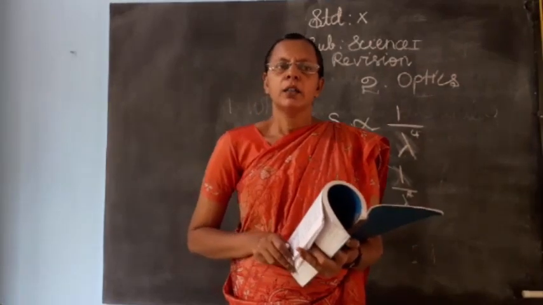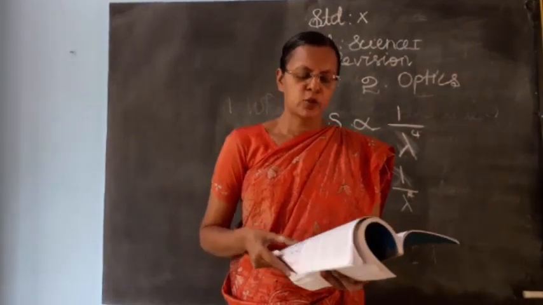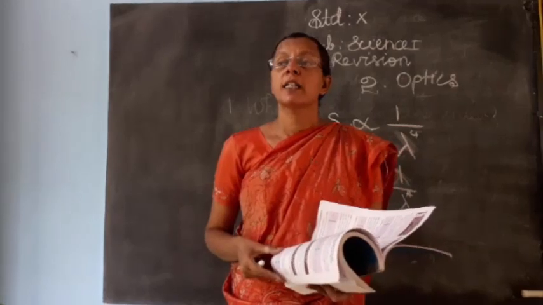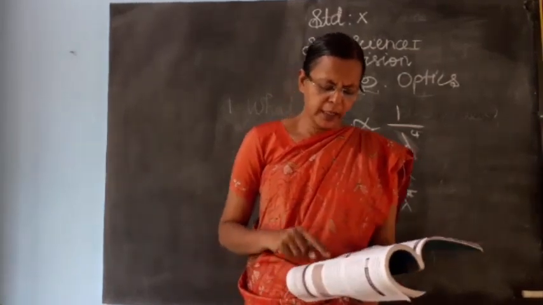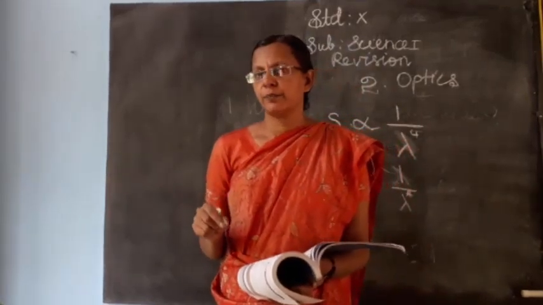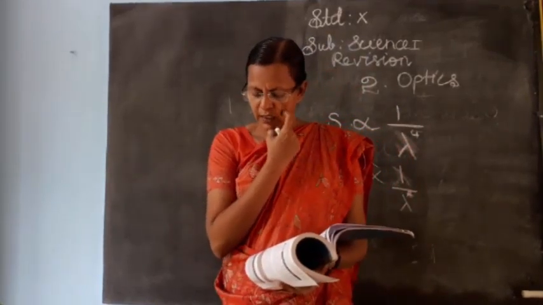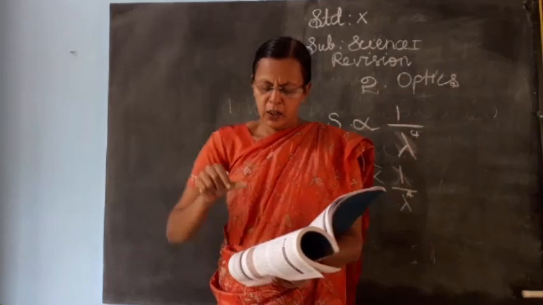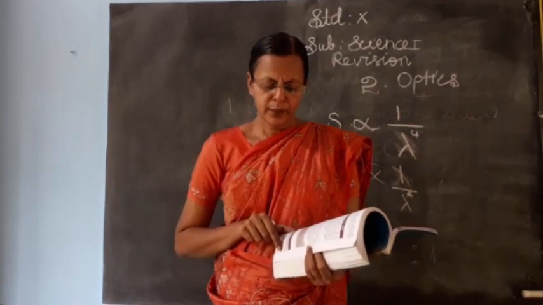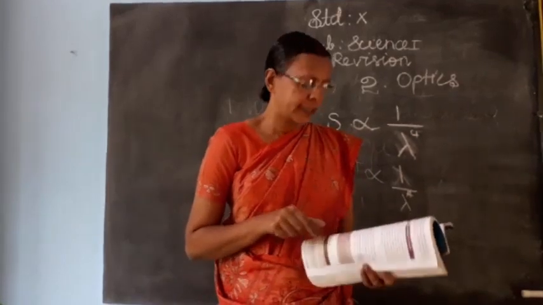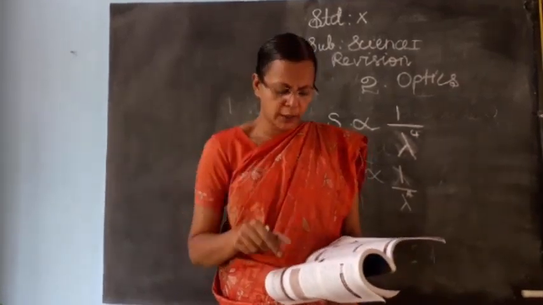We know this question; the answer is on page number 23. They have given us a table, which all of you know. There are 4 points: the first column is for convex lens, the second column for concave lens.